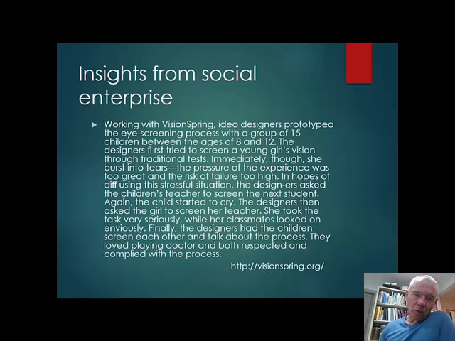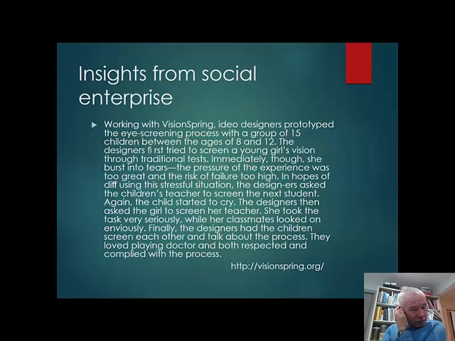So the Vision Spring example, which is something IDEA worked on, about eye screening for kids. If you Google IDEA, you'll find Vision Spring.